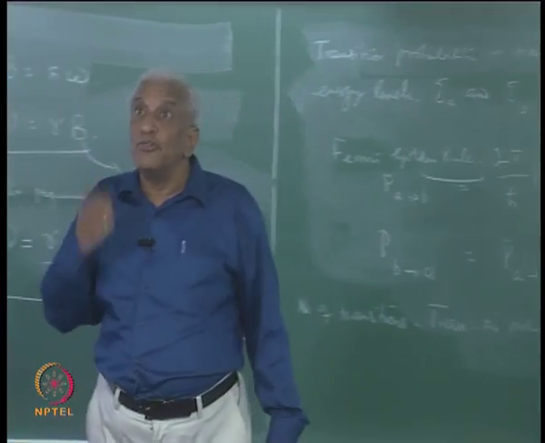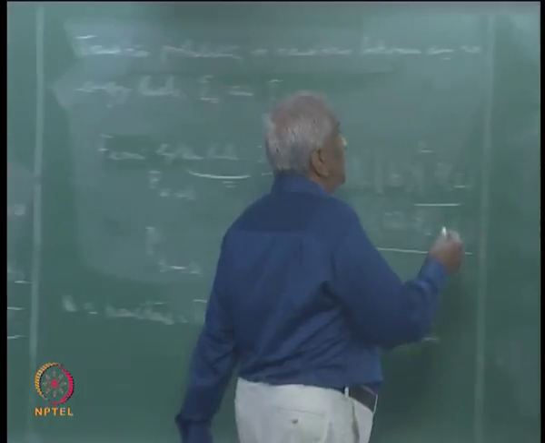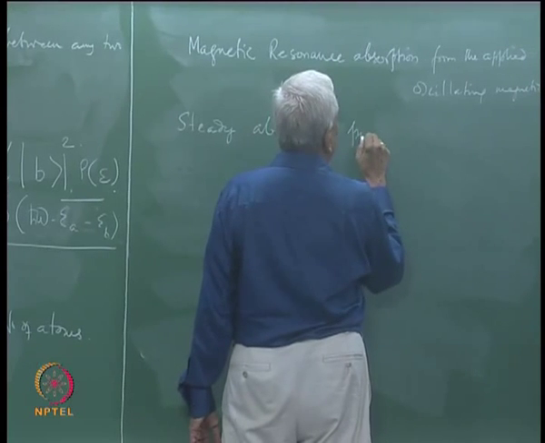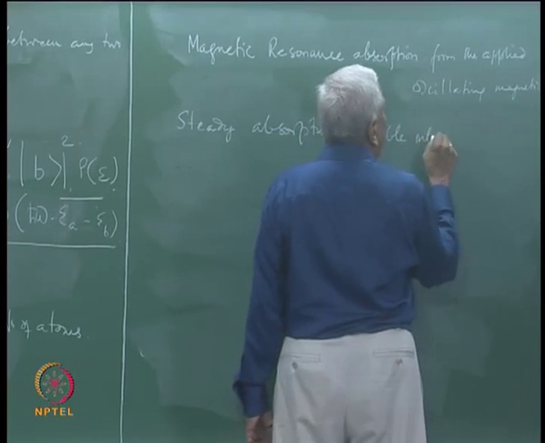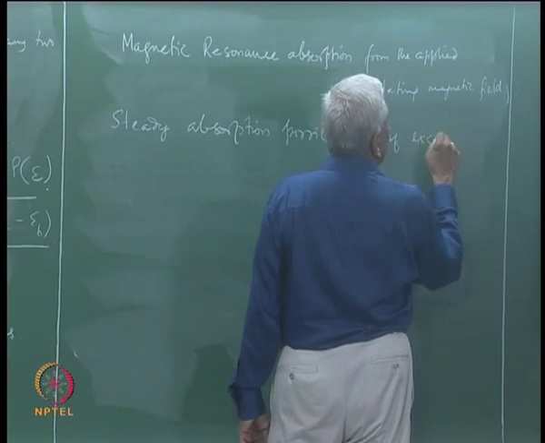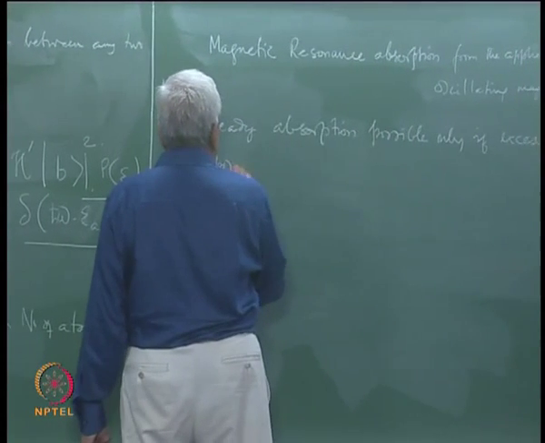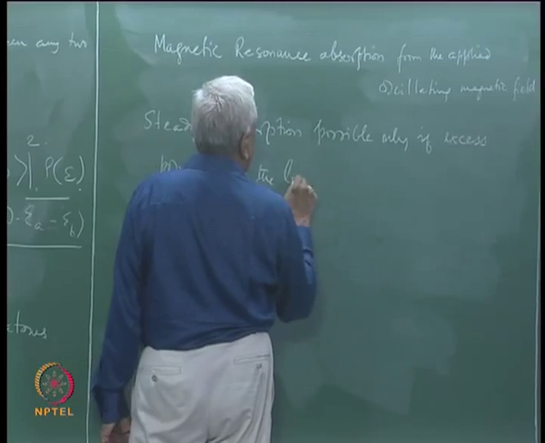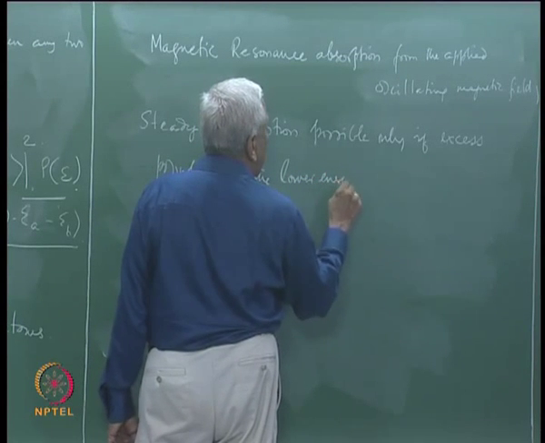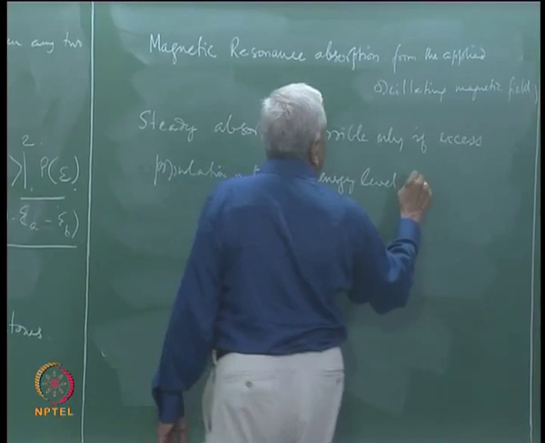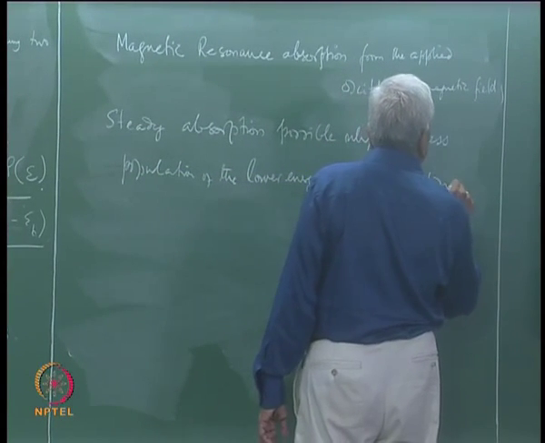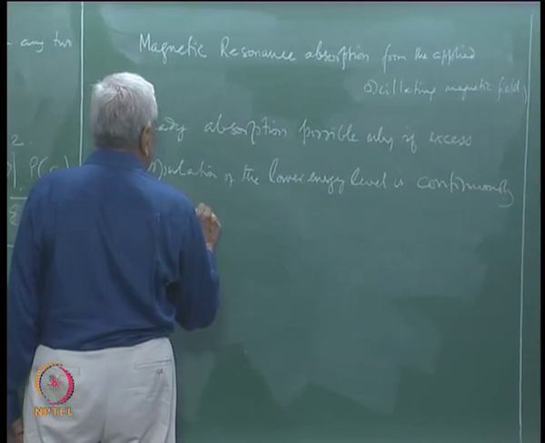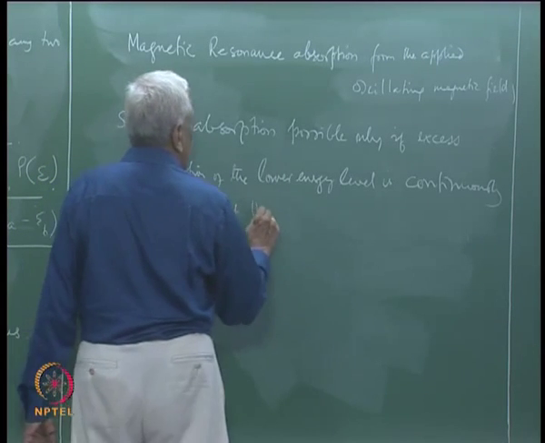If you want to observe a steady absorption, this is possible only if the excess population of the lower energy level is continuously maintained at the thermal equilibrium value.